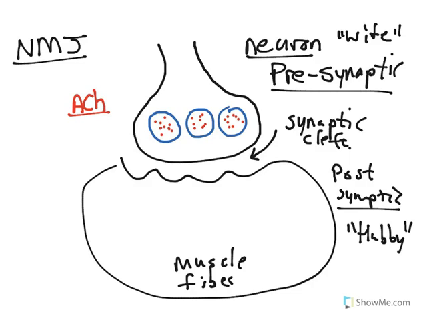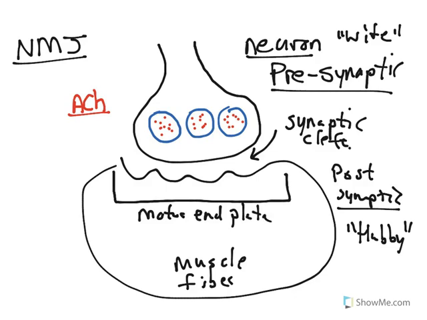Now, in the neuromuscular junction on the muscle fiber, you're going to have a very specialized area called a motor end plate. The motor end plate is unique as it possesses receptor proteins that are needed for communication with acetylcholine.